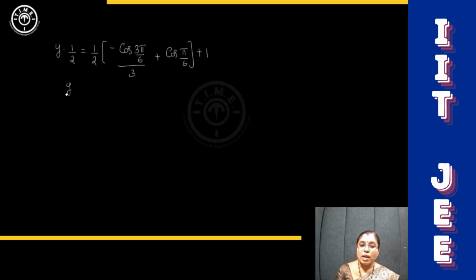Now we have y by 2 equal to 1 by 2 into cos pi by 2. What is cos pi by 2? 0. So the first term becomes 0 and this term is cos pi by 6, which is root 3 by 2, plus 1.